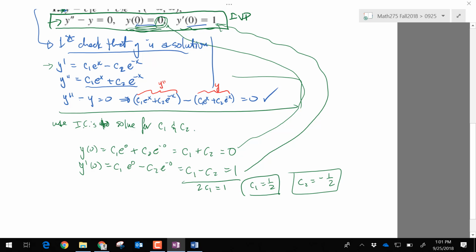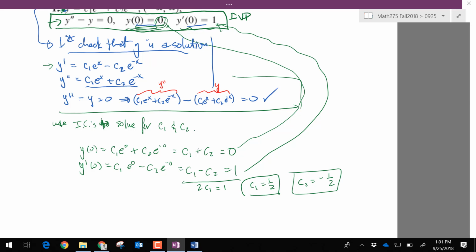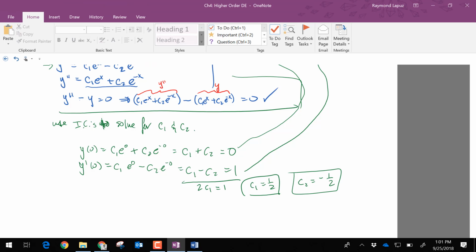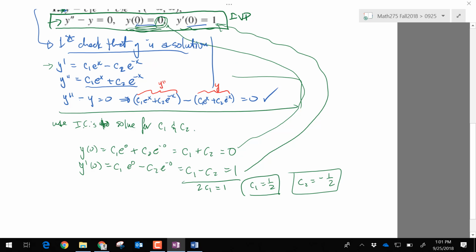So our actual unique solution is going to be the same function essentially, except we know what C1 and C2 are.